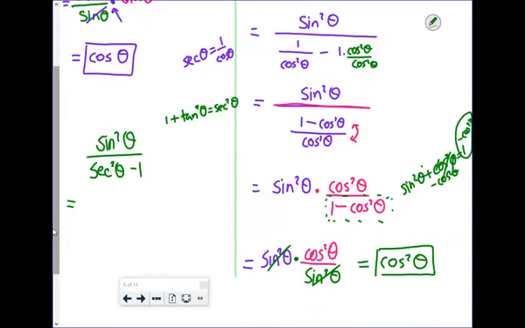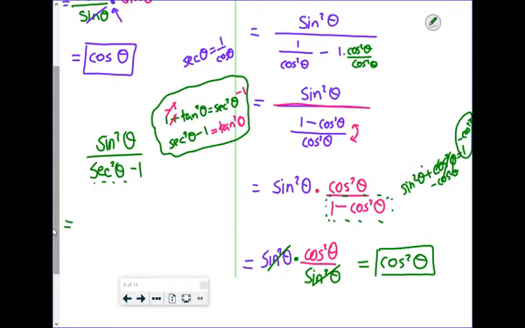So if I wanted secant squared theta minus 1, what I'd have to do is subtract 1 from both sides. And what would I be left with? Tangent squared theta. So, carrying on, that was just a thought bubble. That's what I was thinking in my head. I don't need to actually show that in my work.